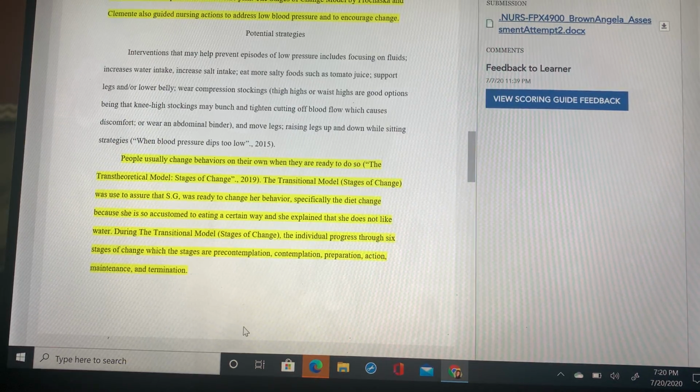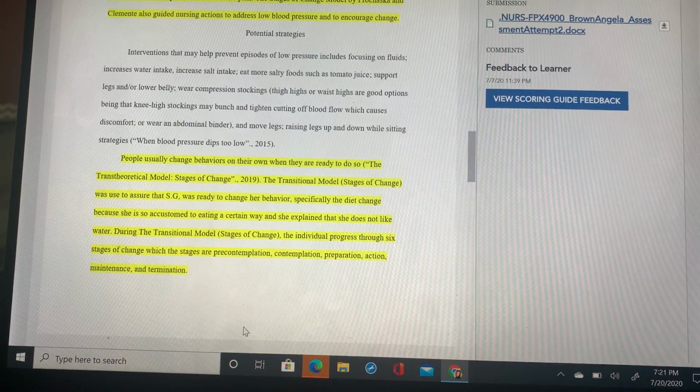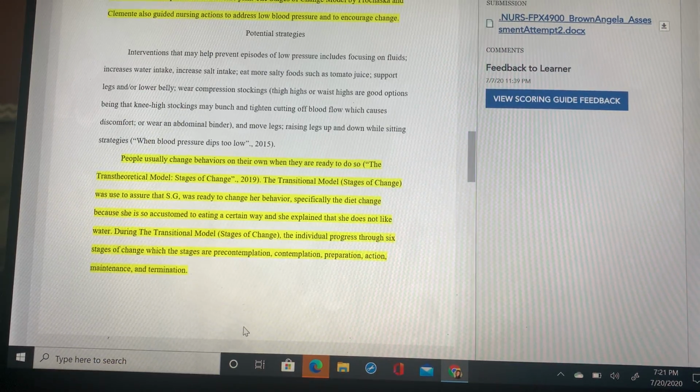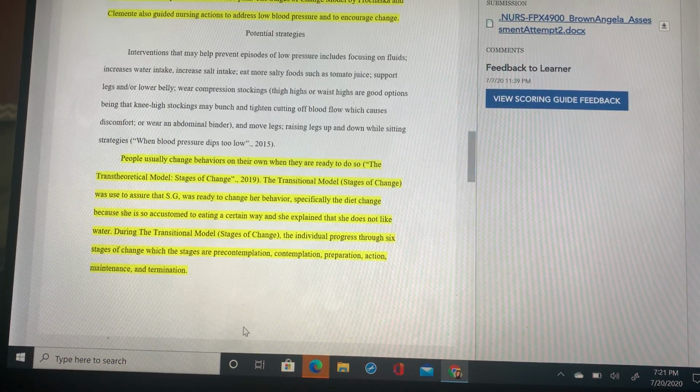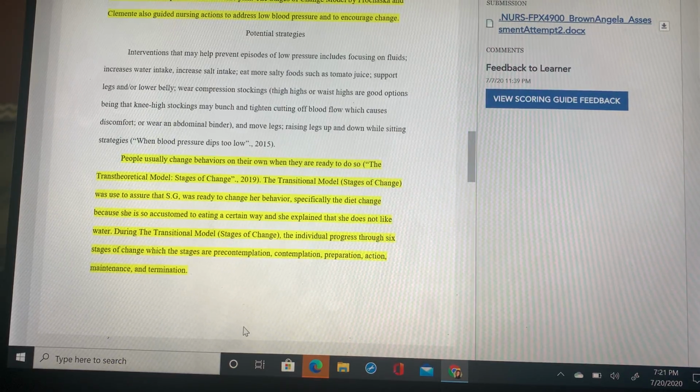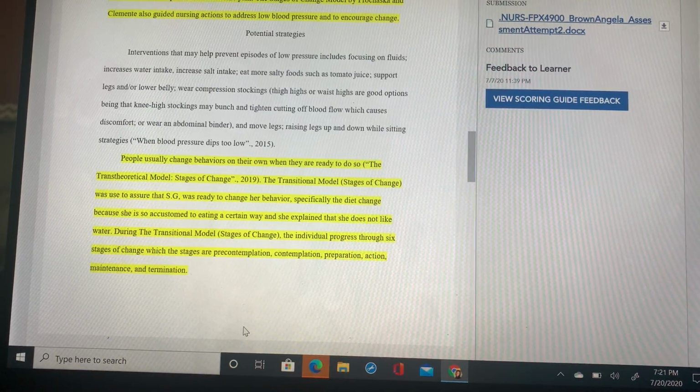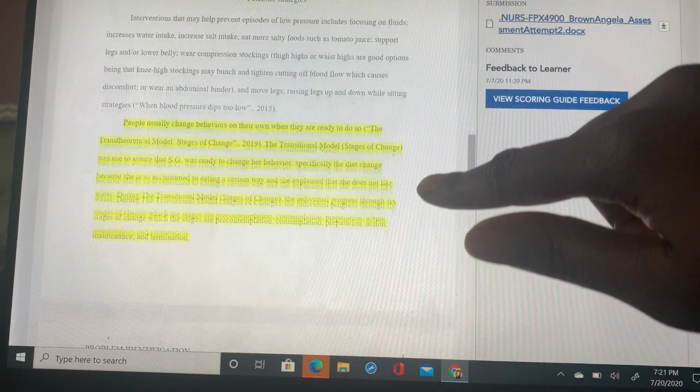During the transtheoretical model, the individual progresses through 6 stages of change, which are pre-contemplation, contemplation, preparation, action, maintenance, and termination.